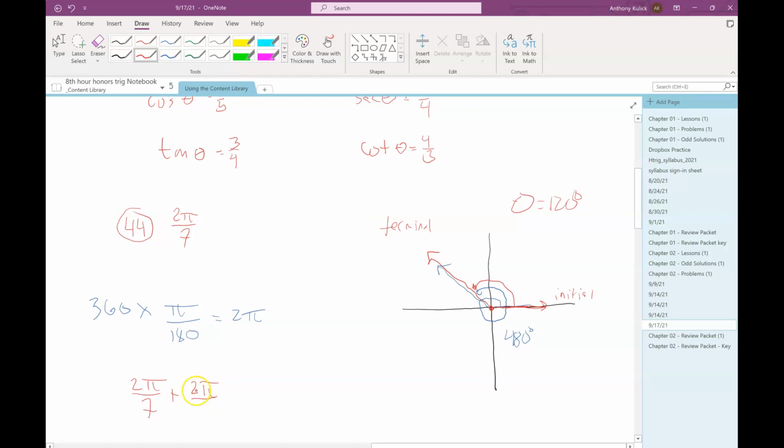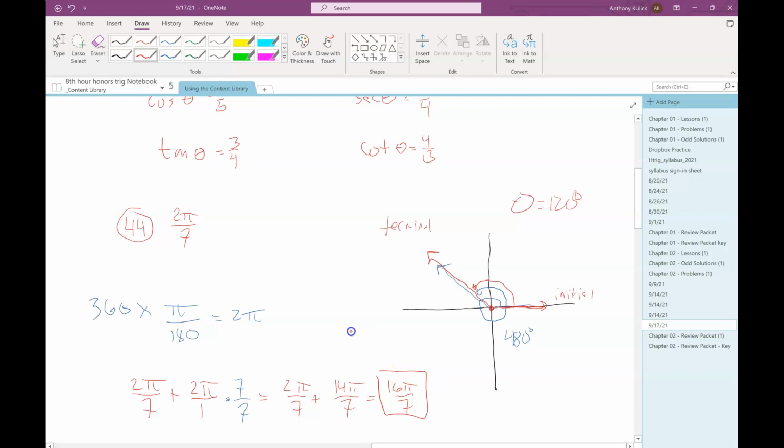So to add 2 pi over 7 plus 2 pi, I need to make a common denominator. Should be clear that common denominator would be 7. So I have 2 pi over 7 plus 14 pi over 7, which gives me 16 pi over 7.